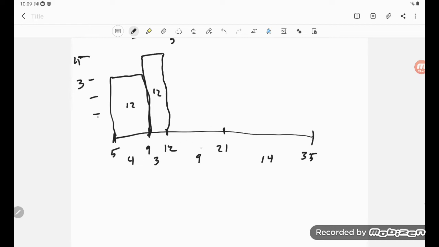So to get an area of 12, I need to multiply by 12 ninths. And so 12 ninths is what, 1 1/3. So that's maybe about right there. So that height is going to be 4/3, and I'll get an area of 12.